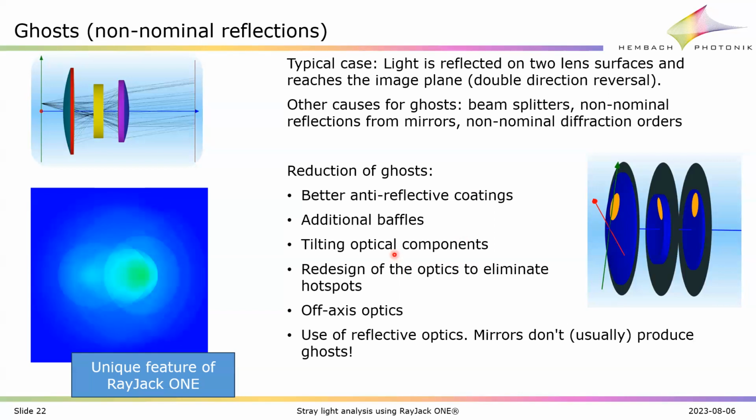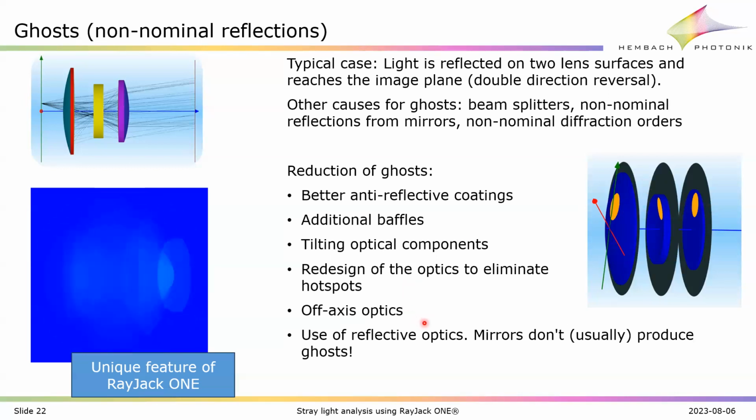Another trick is to tilt optical components, which very often works if the components are far apart from each other. The worst case is to redesign the optics to eliminate hotspots. Then you may think of off-axis optics, in this example, so that you just cut out the relevant parts of the lens.